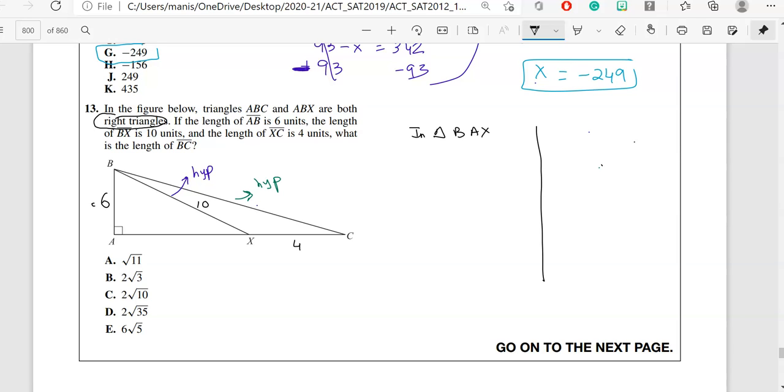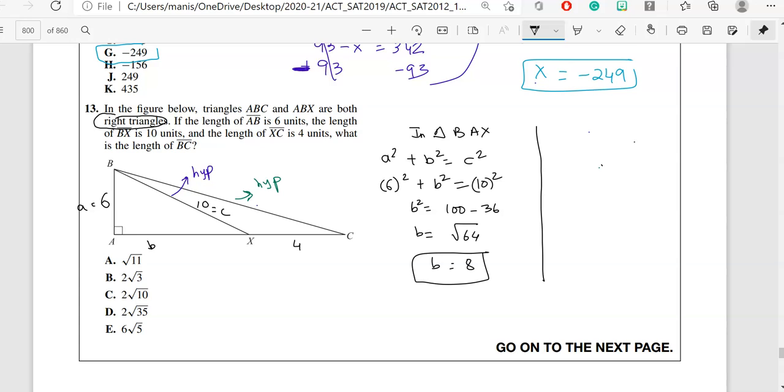Let me assume this is my A, this is my B, and this is my hypotenuse, my C. So it is 6 squared plus B squared is equal to 10 squared. So 36, and B squared is equal to 100 minus 36, so B is equal to the radical of 64, and B is 8.